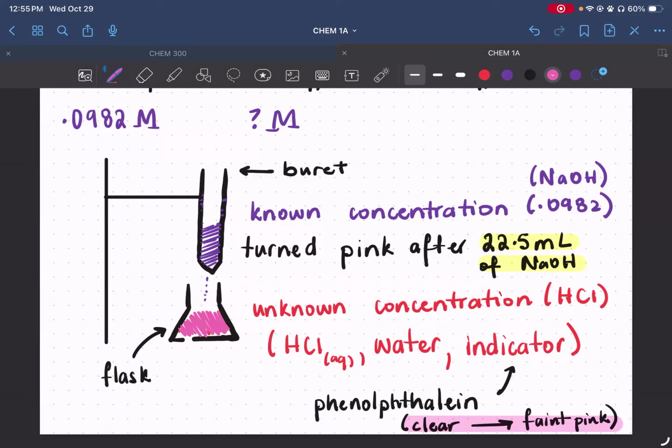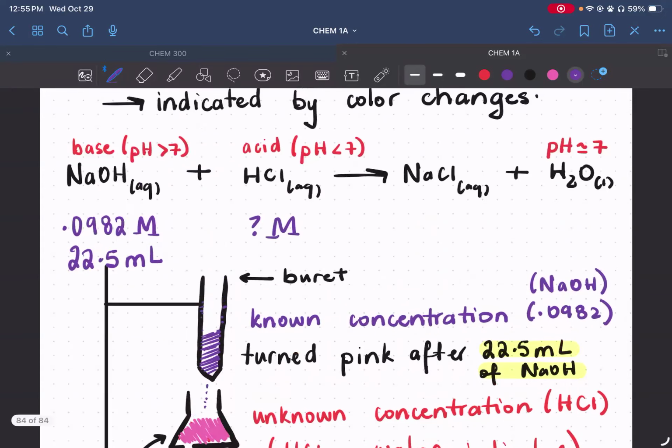And you say, all right, I actually used 22.5 milliliters of sodium hydroxide. With that simple experiment of running the reaction and determining how much sodium hydroxide you need, waiting for the color change, we basically have everything we need to complete this.